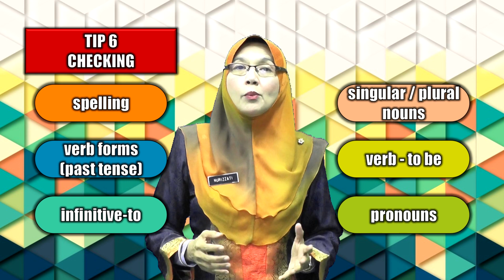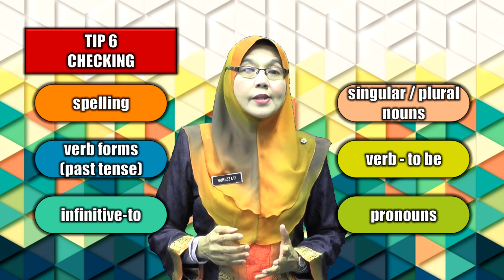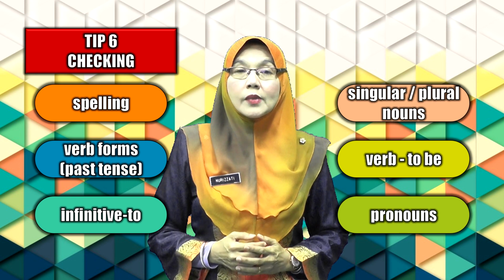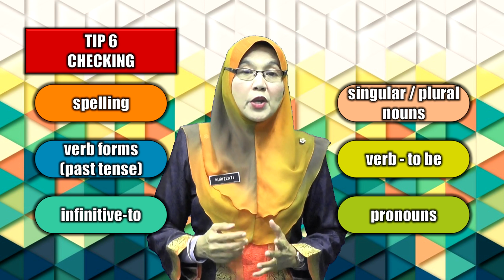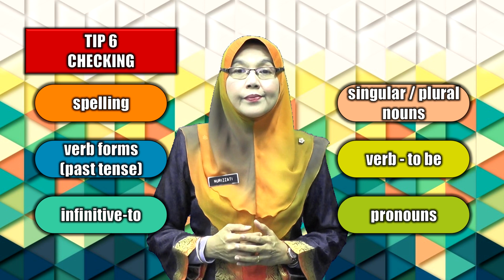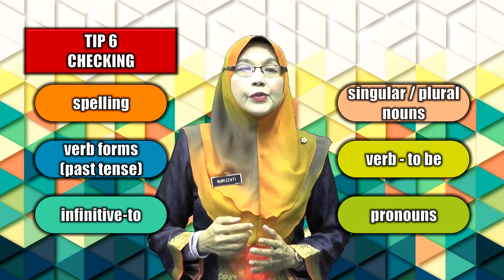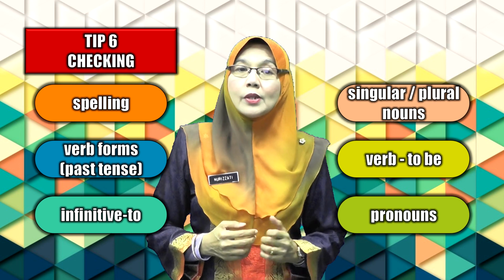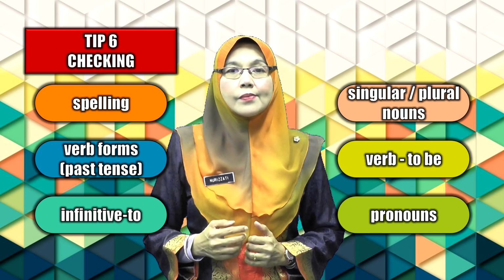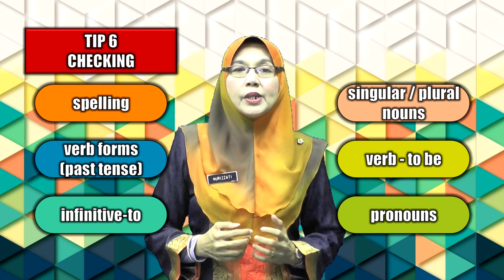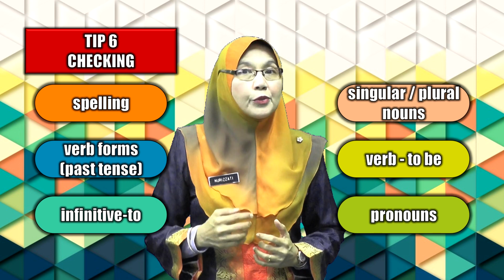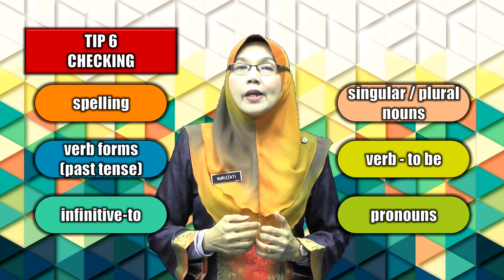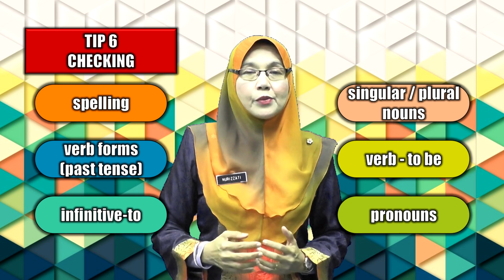Tip number 6. Checking for common errors and mistakes in spelling, verb forms, especially past tense, infinitive "to", singular and plural nouns, verb to be, verb to have, subject-verb agreement, and pronouns.